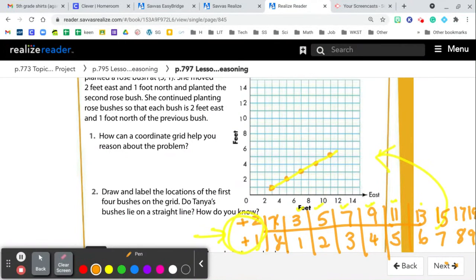But if you use the math, remember you're counting by 2s for our X. So we're going to increase 8 times 2 is 16, plus 3 is 19. And for Y, the 9th bush is going to be 9. Yeah, 9 here and 19 there.